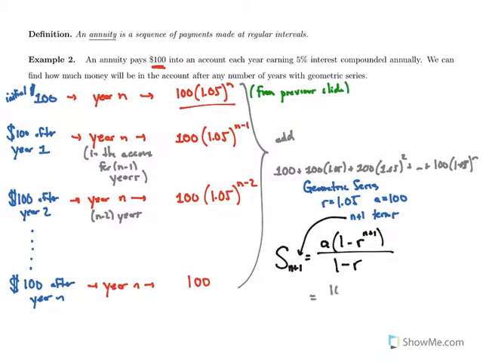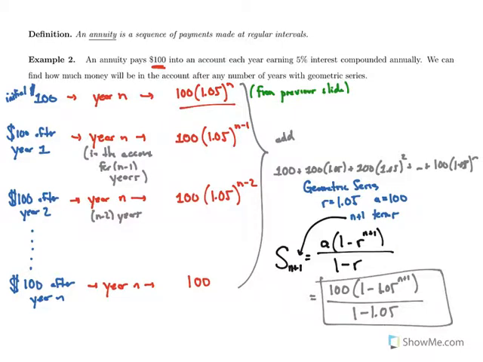This is going to be 100 times (1 minus 1.05 to the N plus 1) over (1 minus 1.05). That's how much money will be in the account after N years, and if we put in a value for N, we can get that value. All right, let's move on.